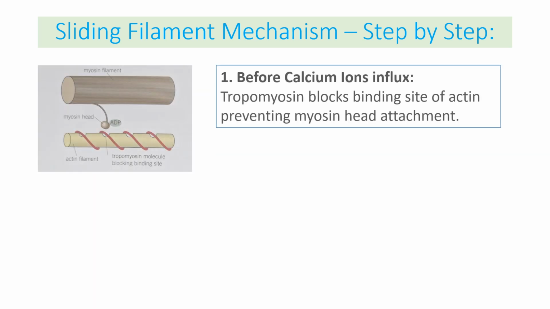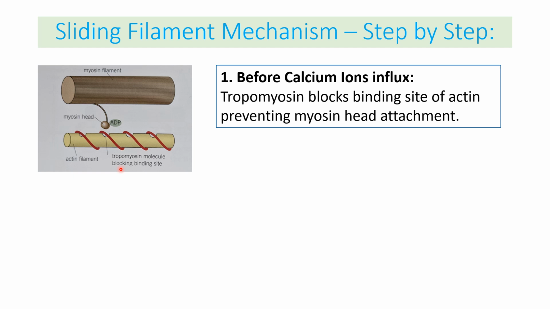So step one then. This is the image I showed you before. We have the muscle at rest, the sarcomere at rest. At this point, the myosin filament's head is not able to bind to the actin filament, and the reason is that the actin filament has tropomyosin blocking the binding site.